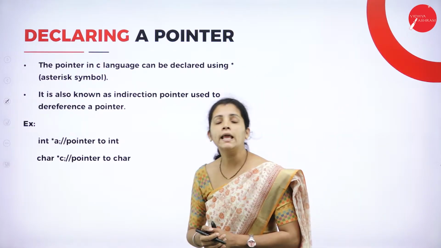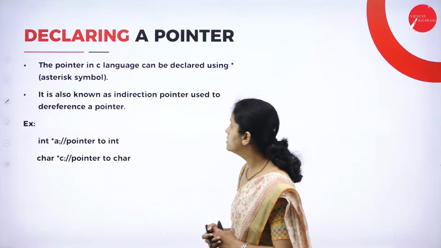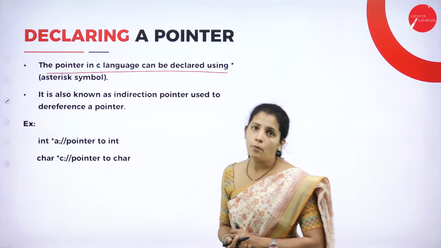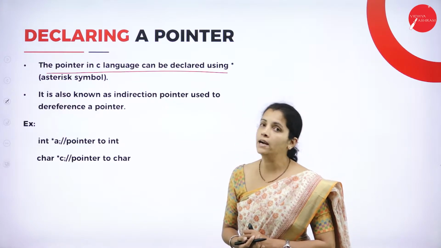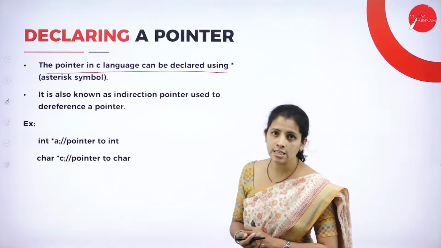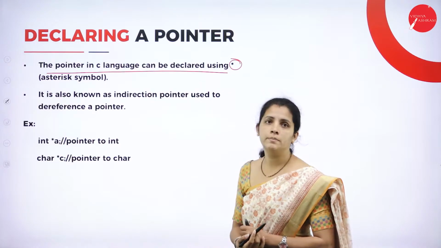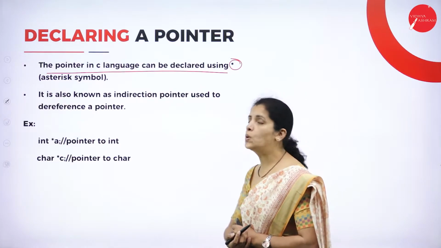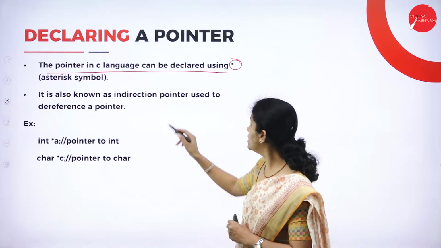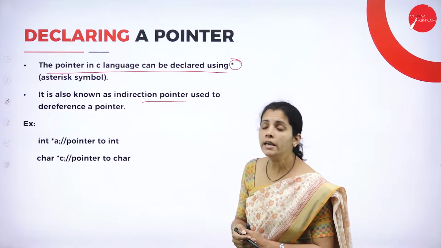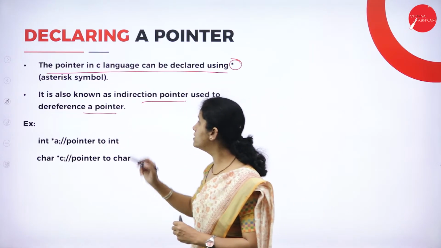Now, I'm going to look at the declaration of a pointer. That means, how can I declare a pointer? In a C program, pointers can be declared with the help of the asterisk symbol or the star symbol, and it's also known as the indirection operator, which is used to dereference a pointer.